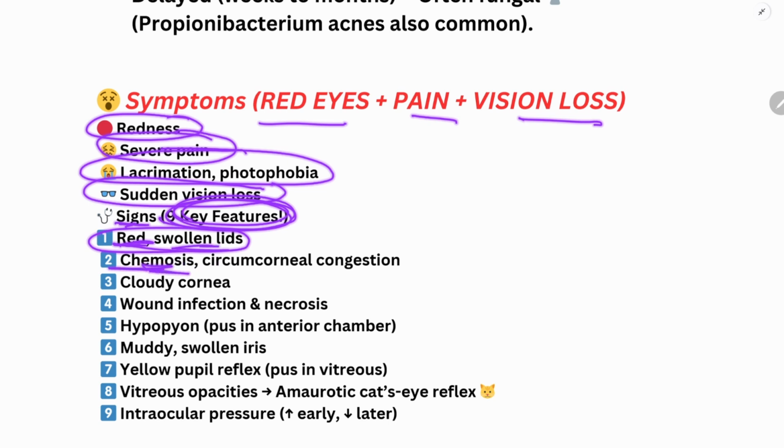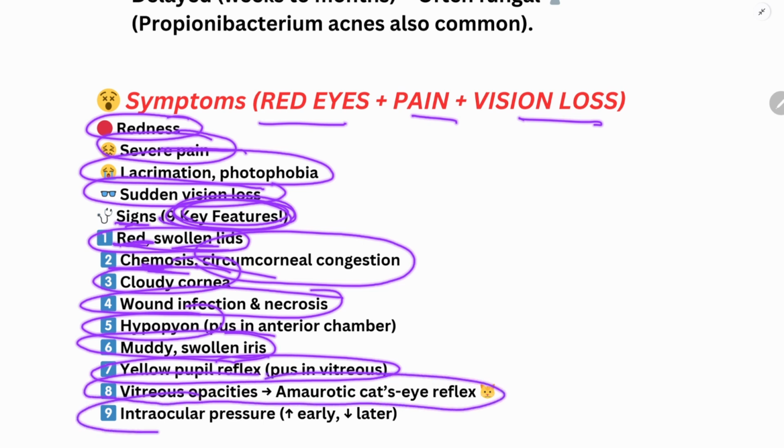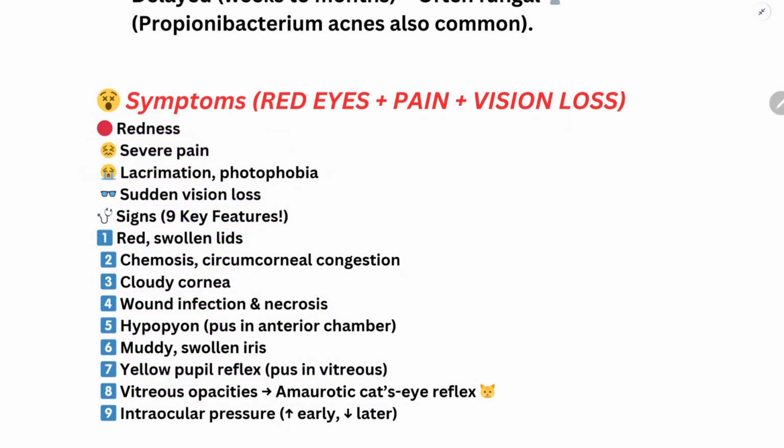You can also see chemosis and circumcorneal congestion, cloudy cornea, wound infections and necrosis, hypopyon, muddy and swollen iris, yellow pupil reflex like pus in vitreous, and vitreous opacities and raised intraocular pressure. So these are the signs that you can observe in the patient.